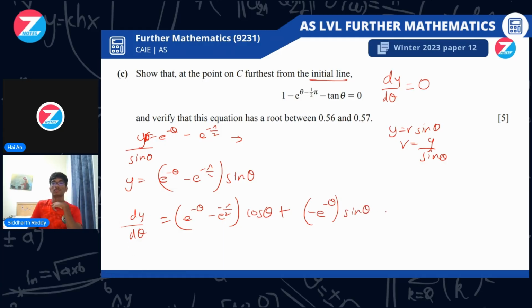Okay, and this is going to be equal to 0. So let's solve this equation. Let's simplify it. So let's divide by cos theta first. So we get e to the minus theta minus e to the minus pi by 2 plus, okay, minus e to the minus theta tan theta is equal to 0. So this just becomes, yeah, we can just erase that minus and move everything a little to the left.